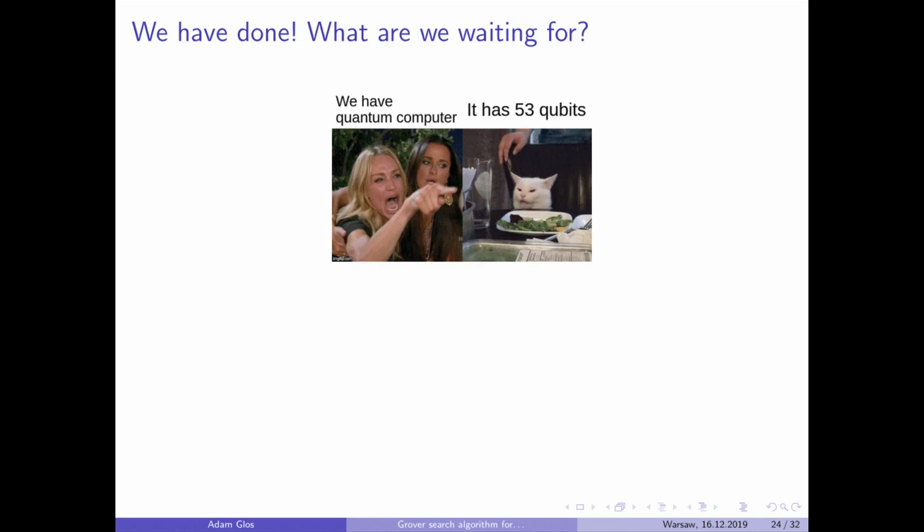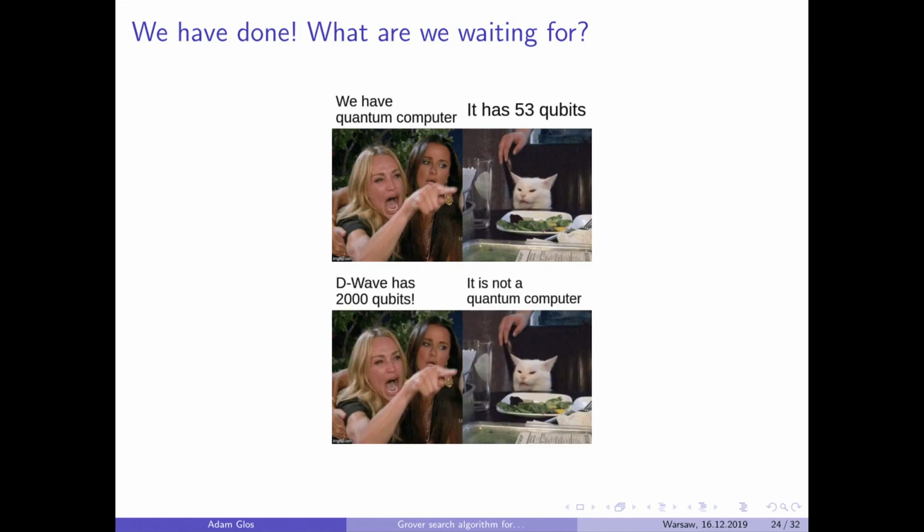The computers are noisy. Obviously, we have a bigger computer, but again, there's a problem because it is not actually a computer. This is a very special machine which is designed for a very special paradigm of computation called quantum annealing. Because of that, we simply cannot apply Grover's search algorithm on it.